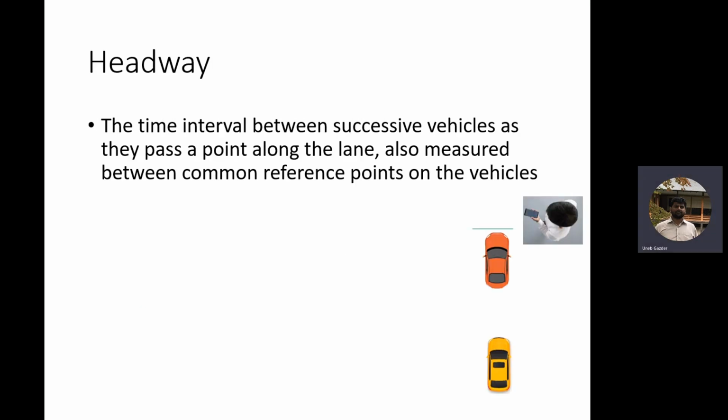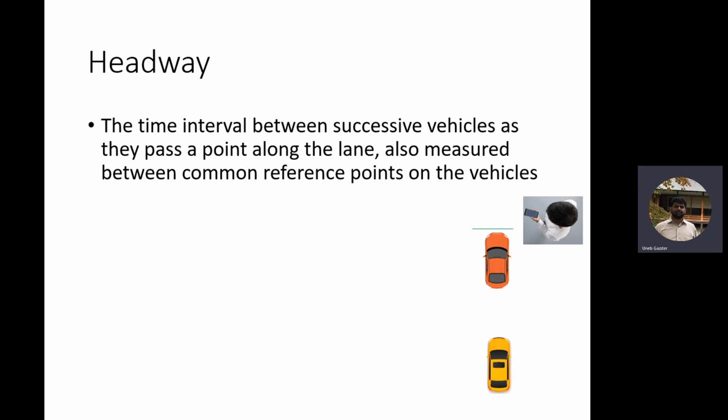Okay. Second microscopic parameter, headway. Headway is the time difference between two vehicles to pass a point measured with a common reference. Okay, the time difference between two consecutive vehicles which are passing a point measured for a common reference.